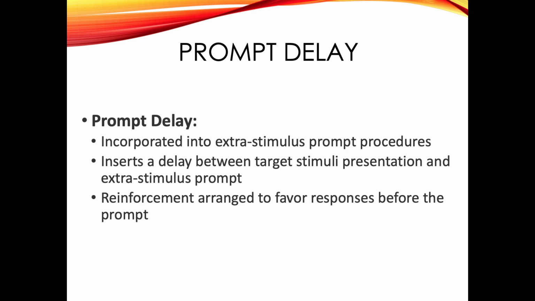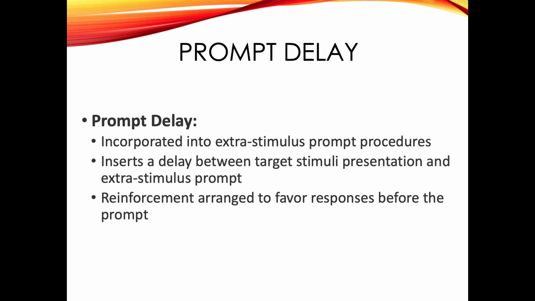So imagine this example where I provide the letters A and B on index cards, and I say touch A. And I'm waiting for the person to touch A. So if they don't touch A, or they're getting things incorrect, what I could do is a prompt delay procedure.